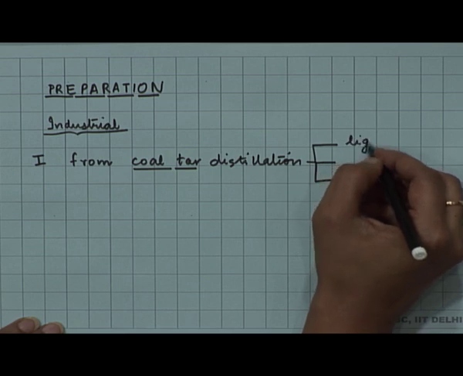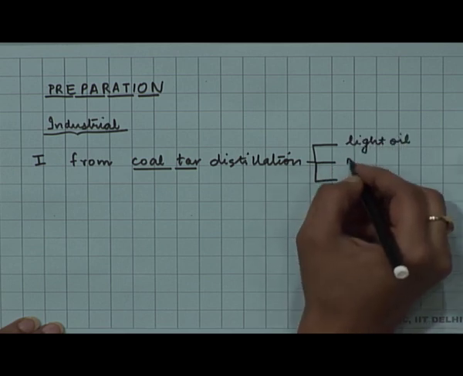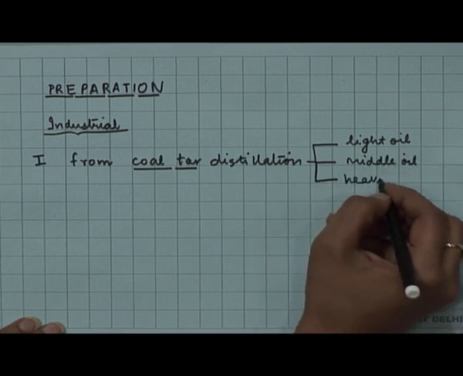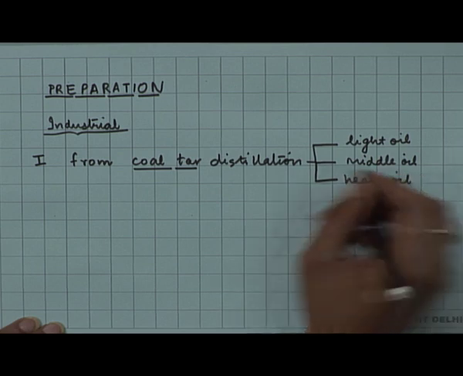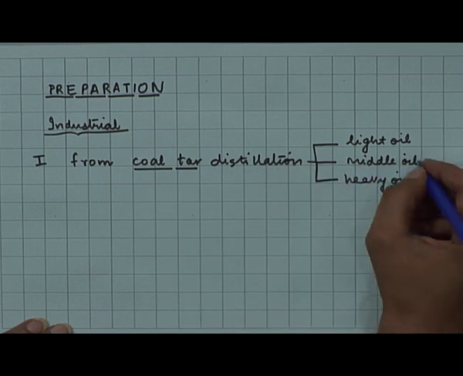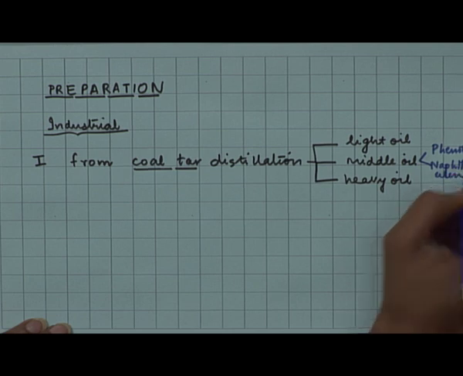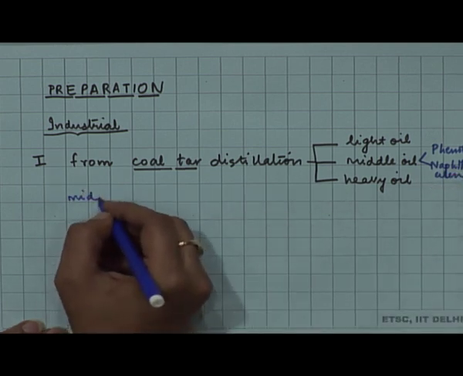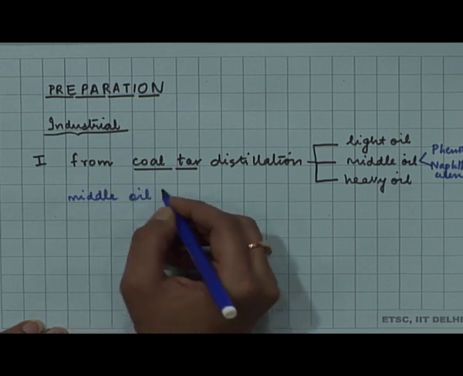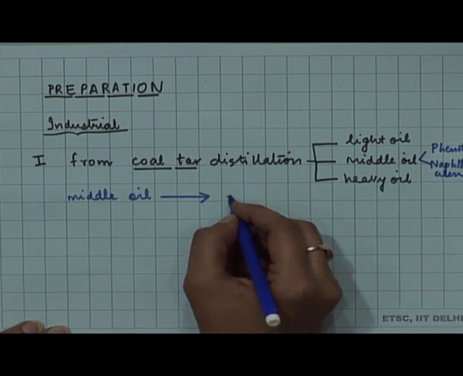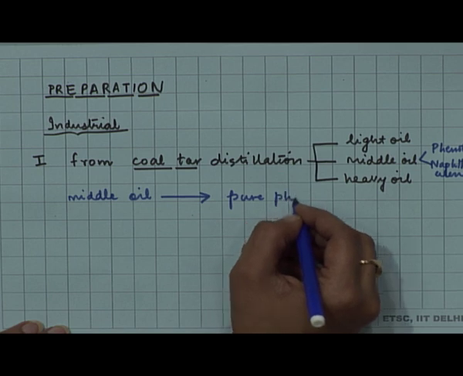We get the light oil, the middle oil and the heavy oil fractions, and it is the middle oil fraction which comprises a mixture of phenols and naphthalene. This middle oil fraction is then subjected to subsequent treatment from which pure phenol can be isolated.